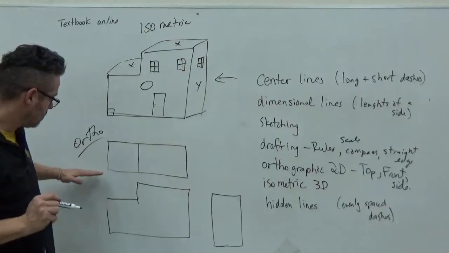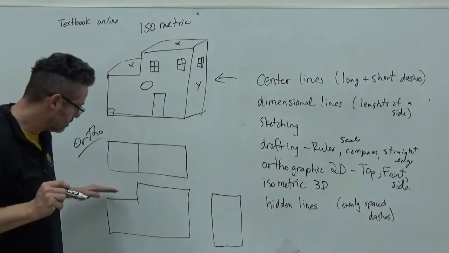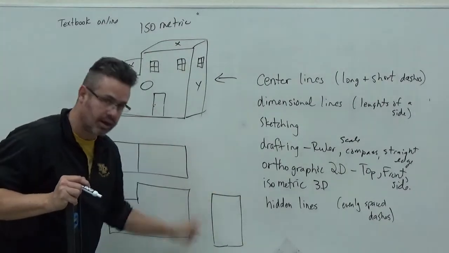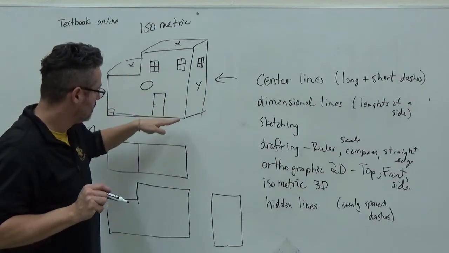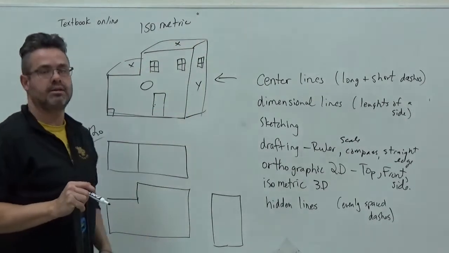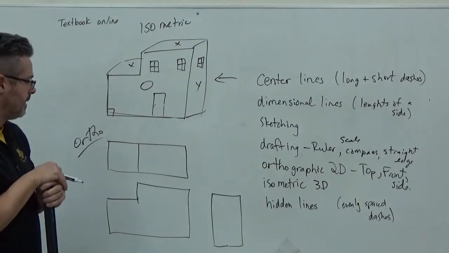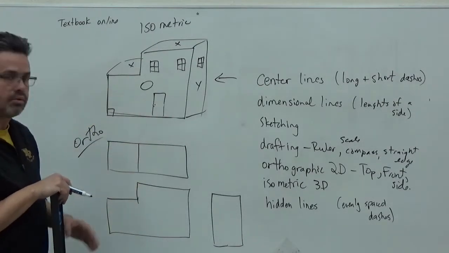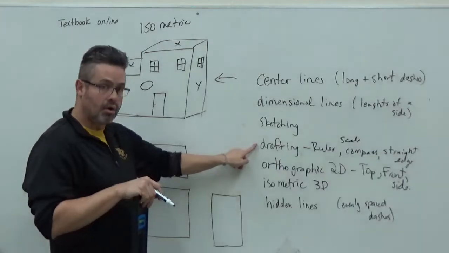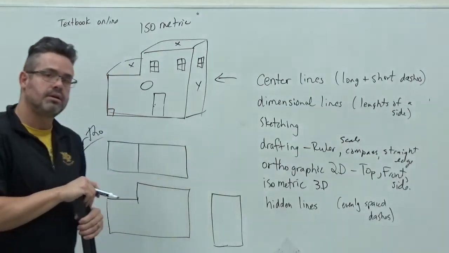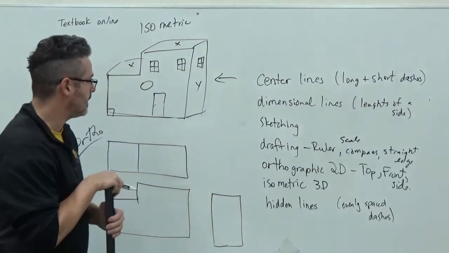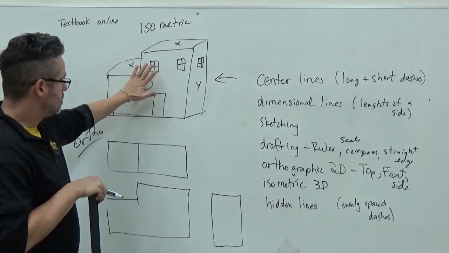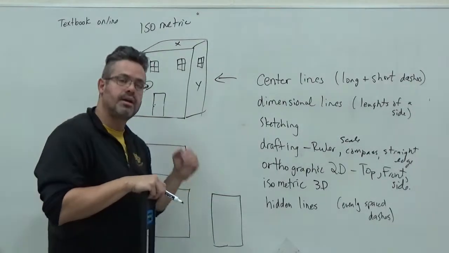2D, so I only have a length and a width, 2 dimensions, versus this one has a length, depth, and height. It's got 3 dimensions to it. These pictures would need to be produced, both of them, to have a complete draft, an architectural drawing. This or this could start your sketch off.